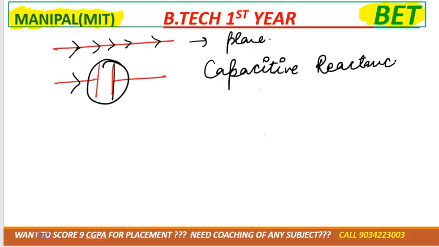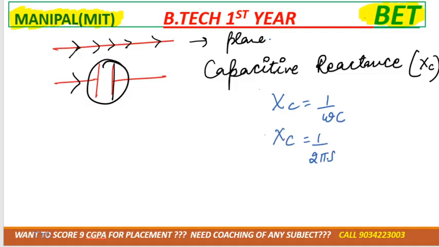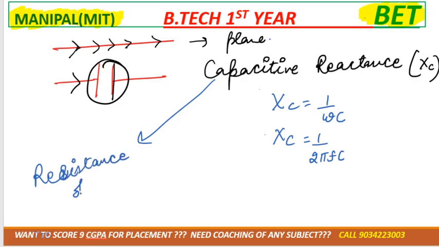Capacitive reactance is denoted by Xc, and the formula for Xc is 1 over omega C. Again, omega is the angular frequency, so Xc is equal to 1 by 2 pi f C. The definition of capacitive reactance is again the kind of resistance offered by the capacitor.